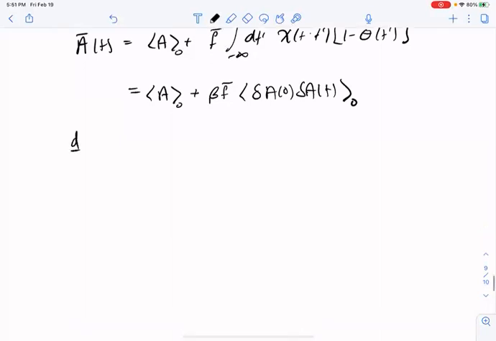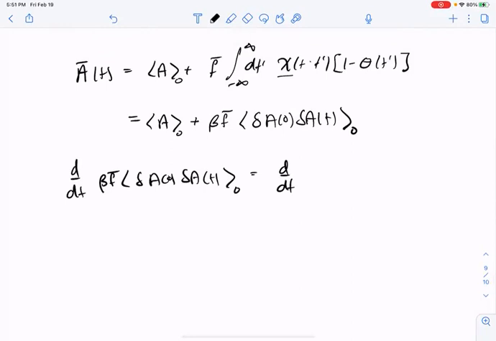I could take the time derivative of beta f bar times the correlation function of A in the absence of the force. That's equal to the time derivative of this side, which is f bar integral chi times 1 minus theta.